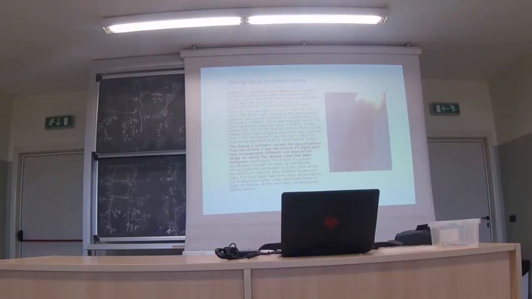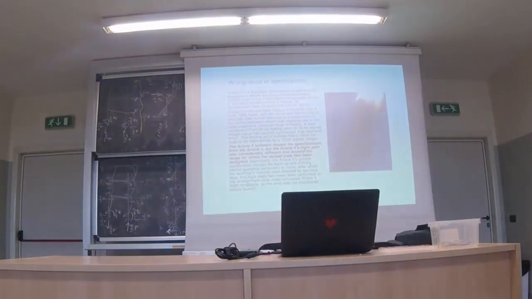The error was not discovered before the launch because the pre-flight test had never been performed on the new source code. They said, okay, just put the code on the new platform, don't try it, just launch the rocket. Not a very good idea.